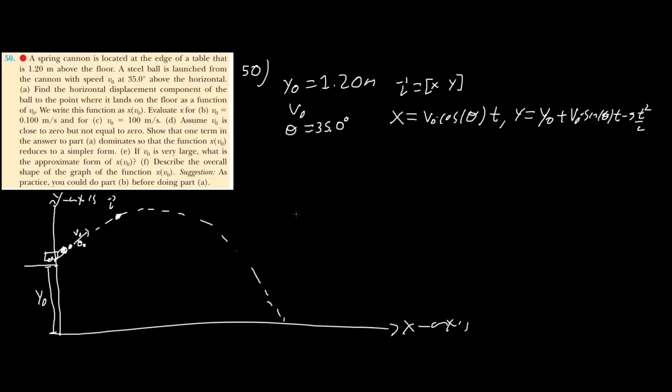Once you have your equations, we're going to solve for t here, and we're going to plug it into this other equation. So this is going to be x in terms of V naught. So we replace that, and now you have some y in terms of V naught, and then let's solve for V naught.